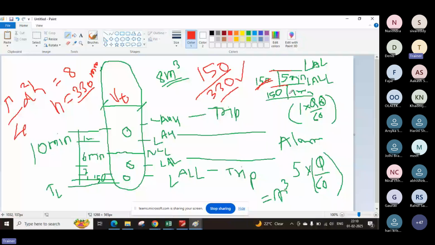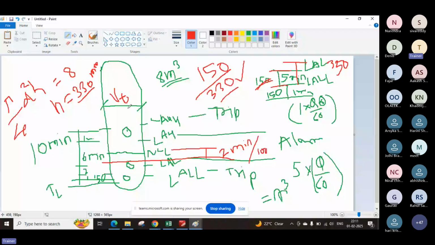So the lower one is 150, then the next level from here it is 330, or you consider 350. Now again from here you come up to this alarm point. Now you want your NLL to be 2 minutes away from the alarm point, or minimum 100 mm.